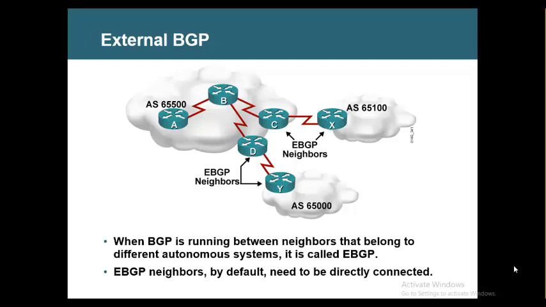You see, D is in 65500, Y is in 65000. Between D and Y, the association is an eBGP association. Between D and Y is eBGP. Likewise, C and X is eBGP because they don't belong to a single autonomous system.